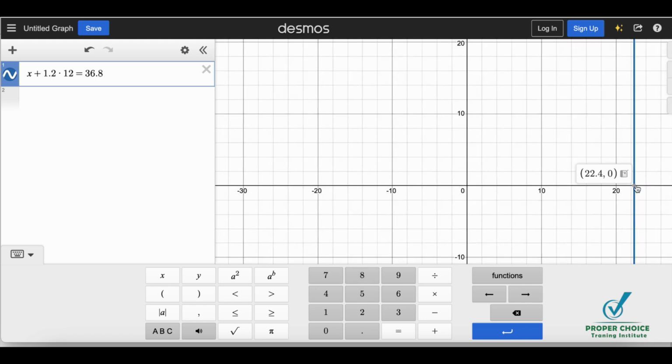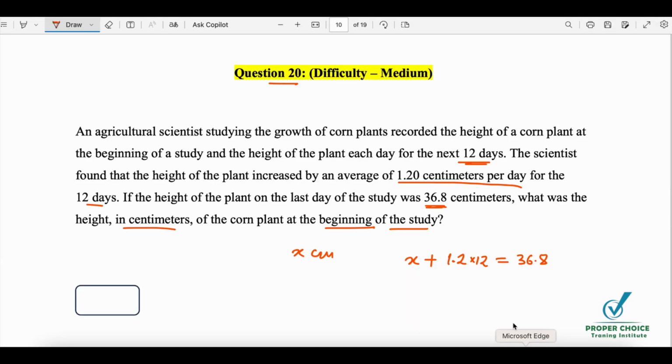We are getting x as 22.4. So 22.4 centimeters was the initial height of the plant, that is x equal to 22.4 centimeters. So we should write it here as 22.4 centimeters.